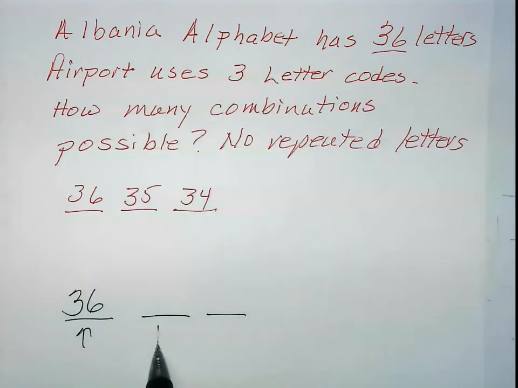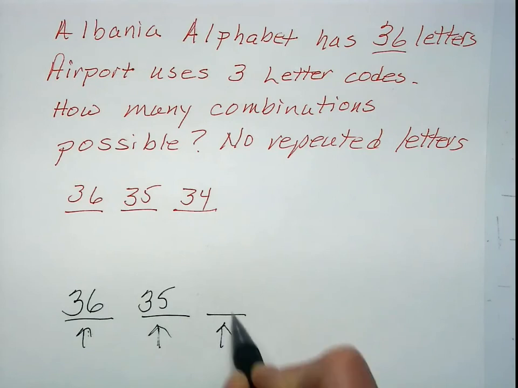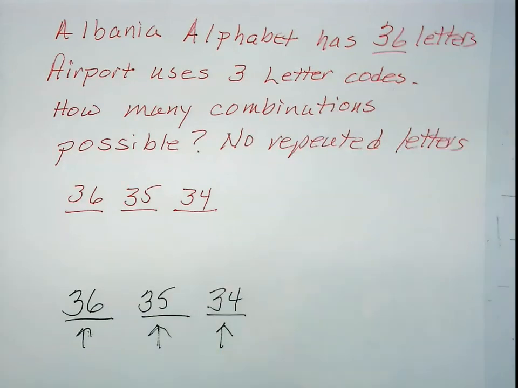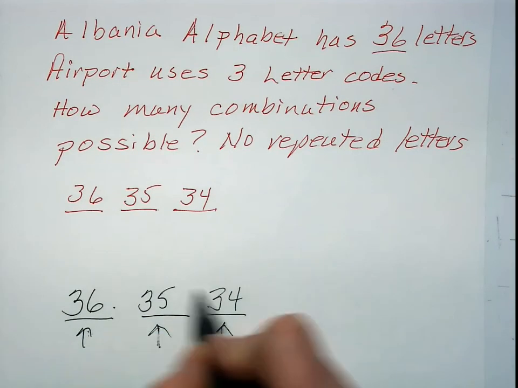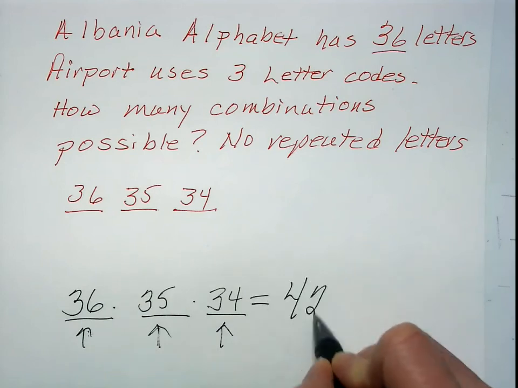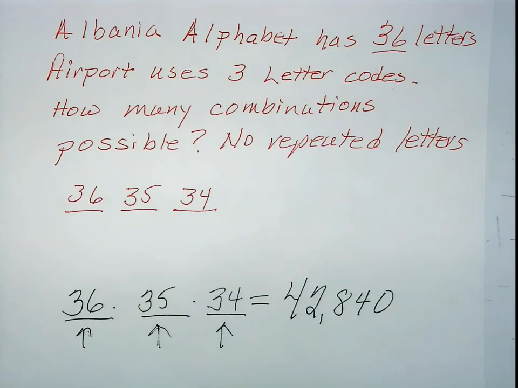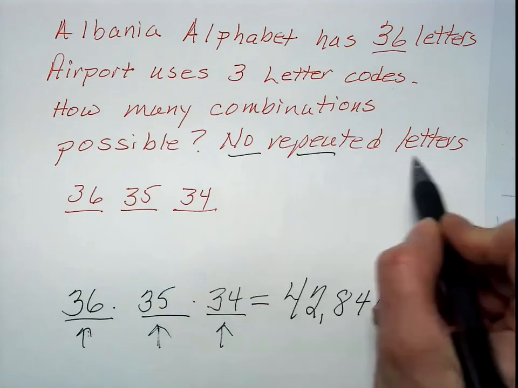The second letter has only 35 because we used one of the 36. And the third one now only has 34 different possible letters to choose from. If we multiply these, we have 42,840 different ways we can take the Albanian alphabet, choosing only 3 letters and no repeated letters.